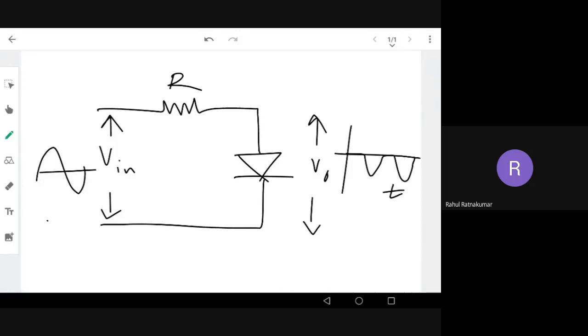So I request you to try this: draw the waveform of I output versus V in for this circuit. You can take 2 minutes, think, and draw it.